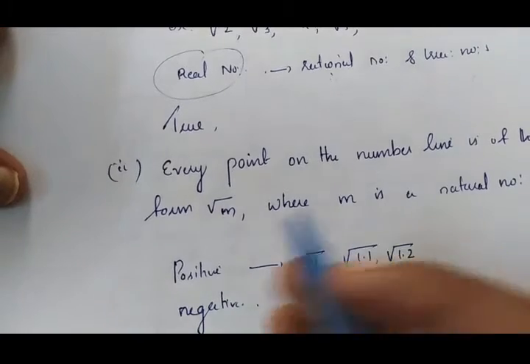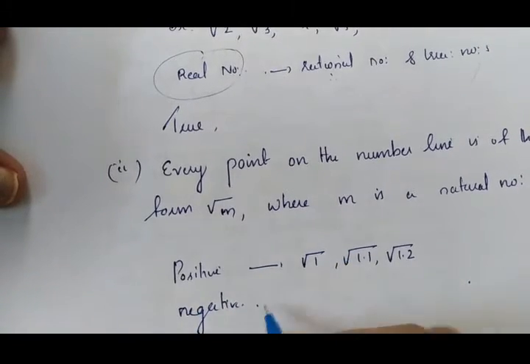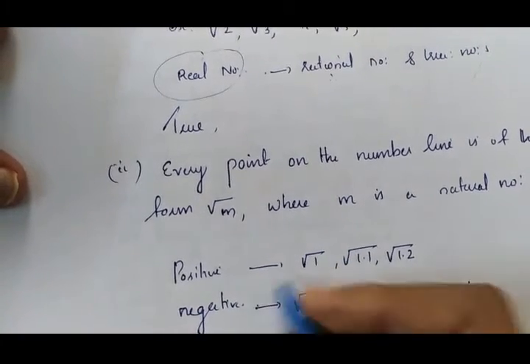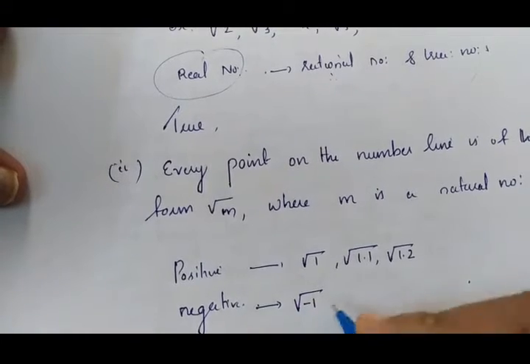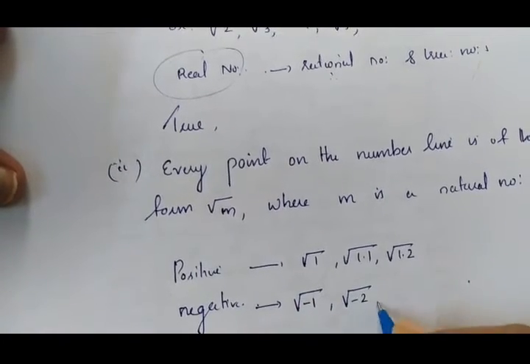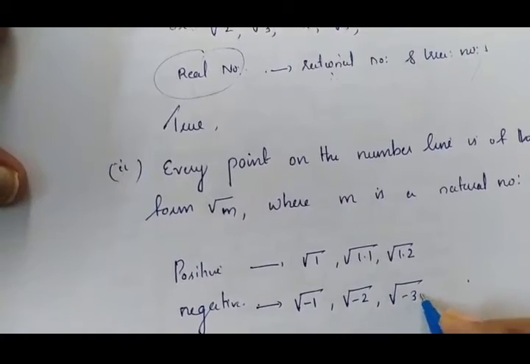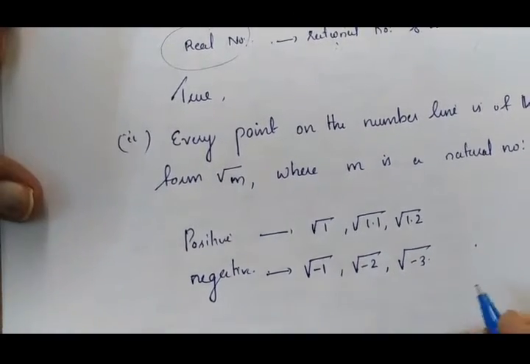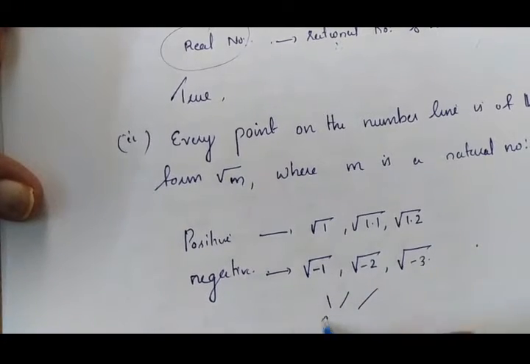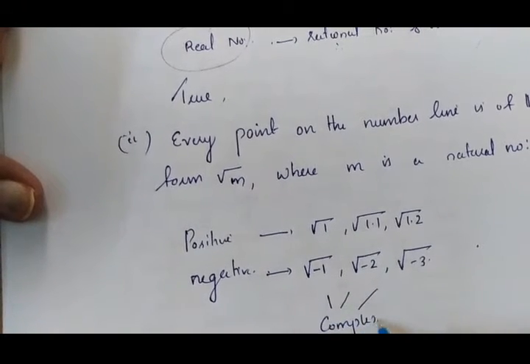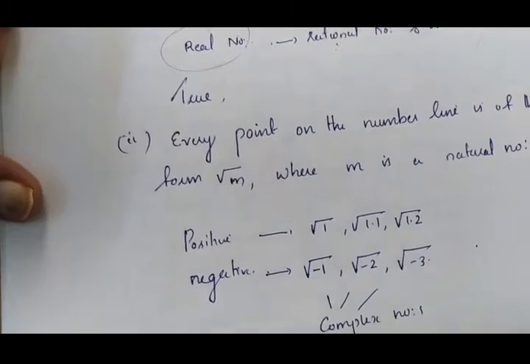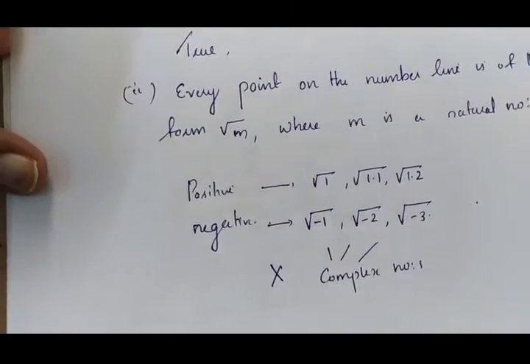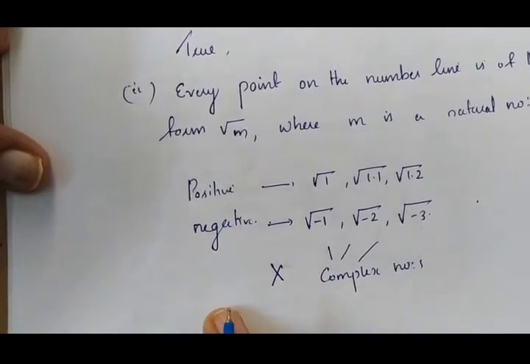But we can't represent negative root values like this. Negative root values are complex numbers. We can't represent this type of number on the number line.